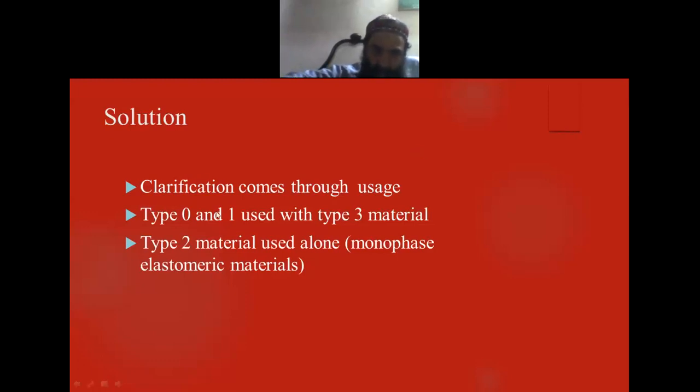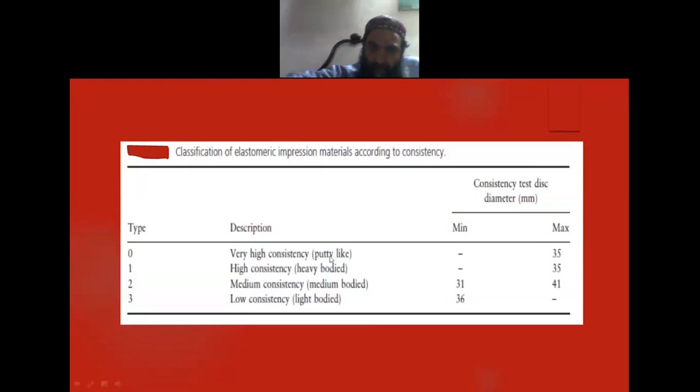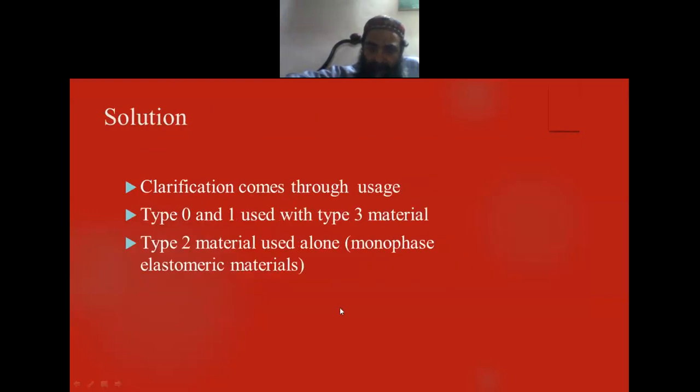Type 0 has high consistency, 1 heavy consistency, so we can see putty like, heavy bodied, and medium bodied too, and then comes the light body. So type 0 and 1 can be used with type 3 materials, and type 2 materials can be used alone. 0 is putty, 1 is heavy bodied, 2 is medium bodied, and 3 is light bodied.